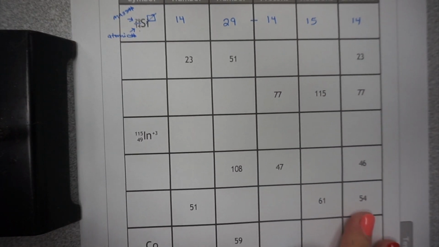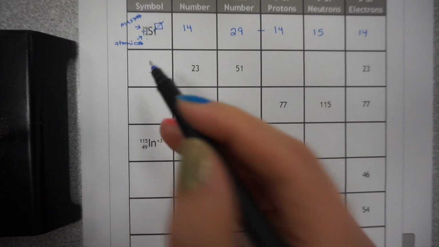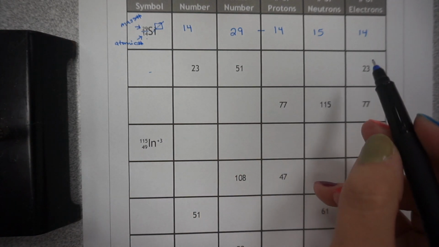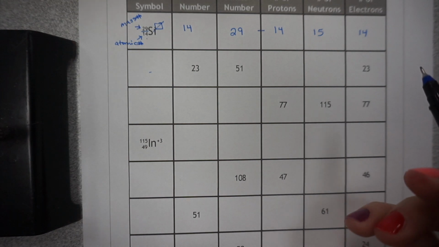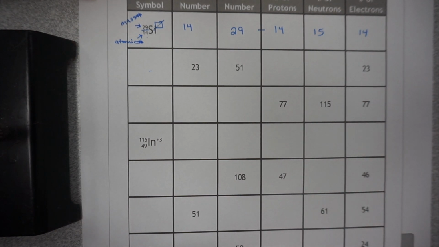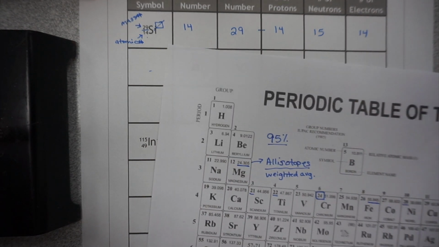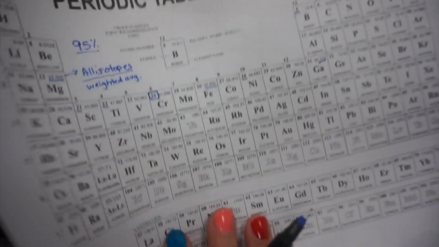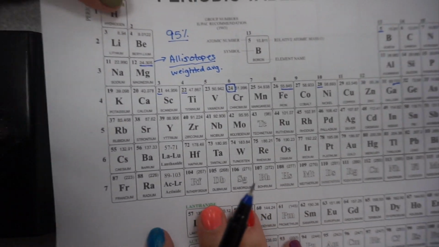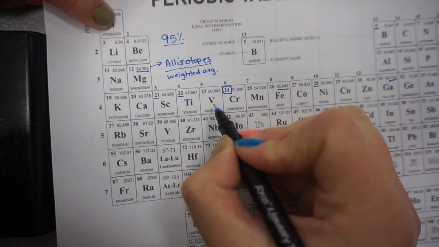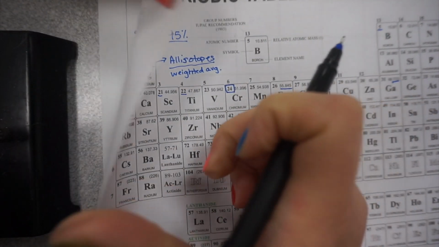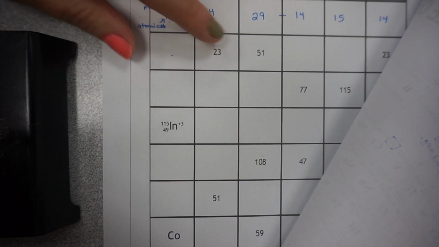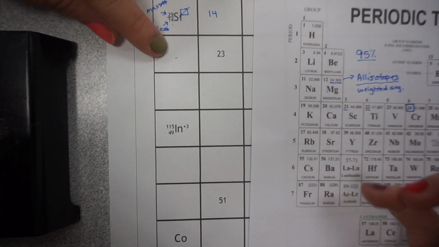Okay? Alright, so now we don't have a symbol, but we have an atomic number, and we have a mass number, and we have number of electrons. So let's look and see, where's my periodic table? Here it is. Okay, so let's look. So it's the atomic number 23. So I'm going to go to atomic number 23, which is vanadium. Okay, so we're looking at this, and then vanadium's mass number is 51. So we're just going to put the symbol here. We're going to start filling this out.